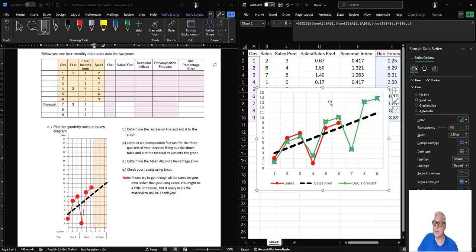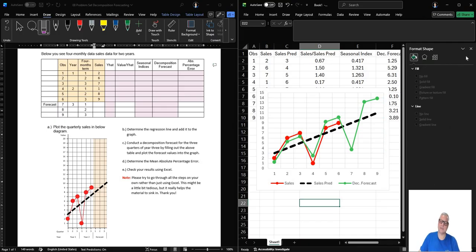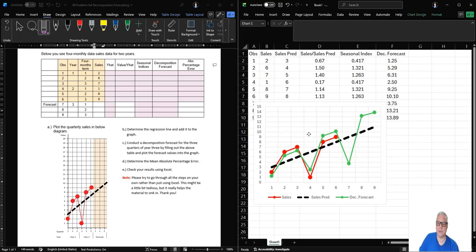This one here. Okay, so that's a pretty nice graph. I hope you can see it. And it's obviously clear that the decomposition forecast is a much better fit to the real data.